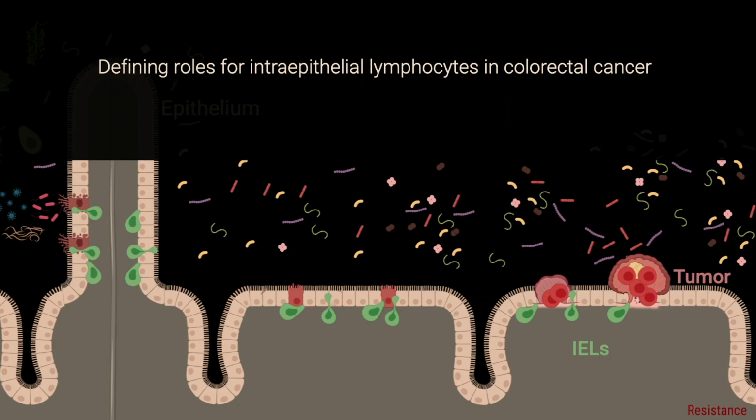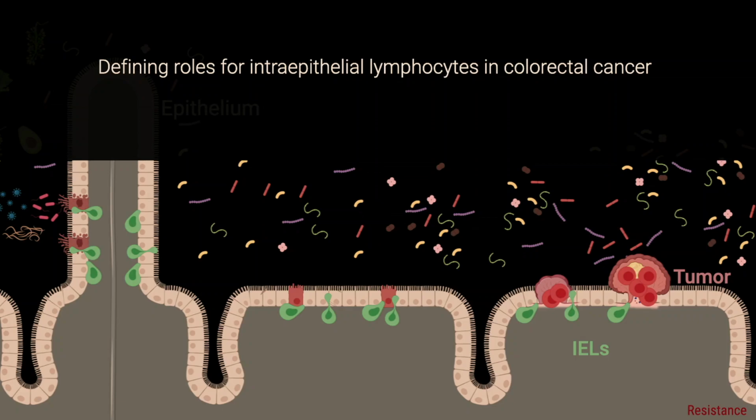I'm not going to show this publication, but basically what we found is that these intraepithelial lymphocytes that live there at steady state, that are cytotoxic, your question, are very important in controlling early tumorigenesis. So they are able to detect and kill transformed cells at steady state. So if you delete the cells, you have more tumors in different models.